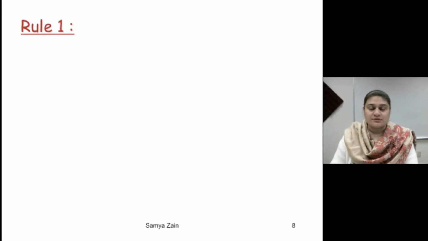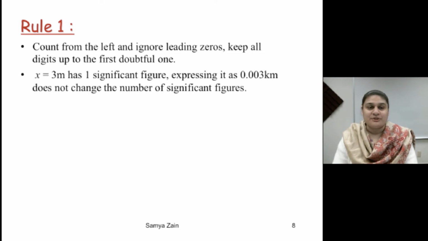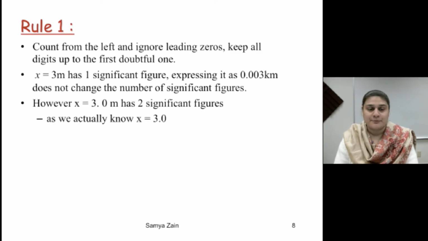So, the rules for figuring out significant figures are as follows. Rule number 1: count from the left, ignore leading zeros, keep all digits up to the first doubtful one. For example, x equals 3 meters has one significant figure. Expressing it as 0.003 kilometers does not change the number of significant figures. It is still 1.